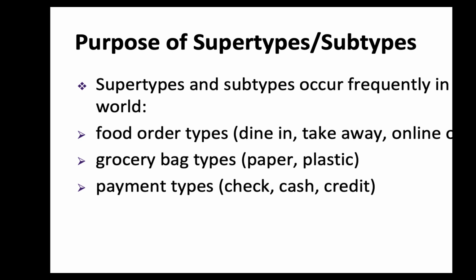Okay. Grocery bag types could be plastic, paper, right? Payment types could be via check or cash or credit. So these are the different types of payment. So now we have an option: either we can create an entity for each type, or we can make some sort of supertype representation. Okay.